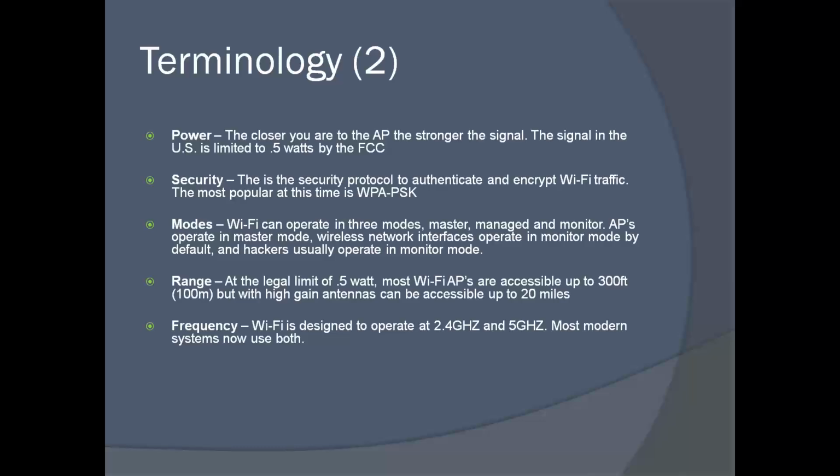Frequency. Wi-Fi is designed to operate at 2.4 gigahertz, though most modern systems now use both. The original specification and the early systems all worked at 2.4 gigahertz. 2.4 gigahertz works great. One of the beauties of 2.4 gigahertz is that it can pass through walls and objects really well, but it's relatively slow. 5 gigahertz can carry higher speed transmissions, but it can't pass through objects.